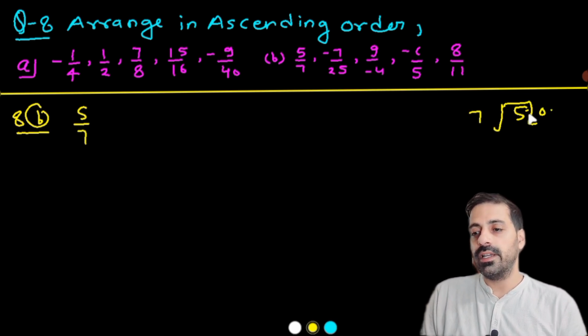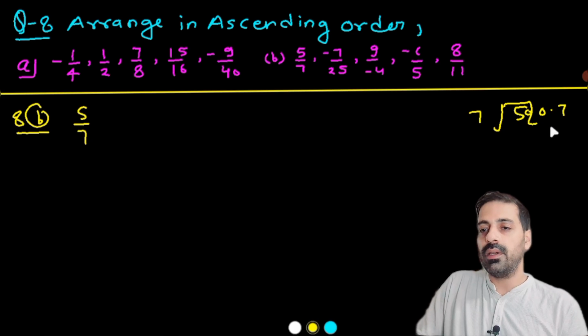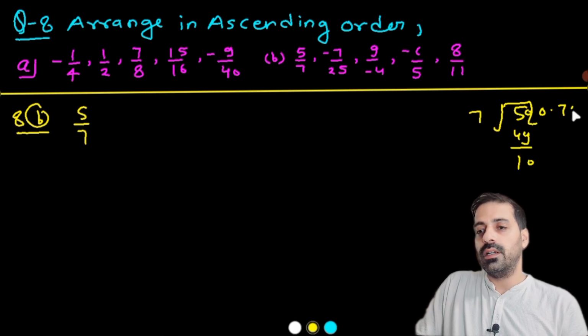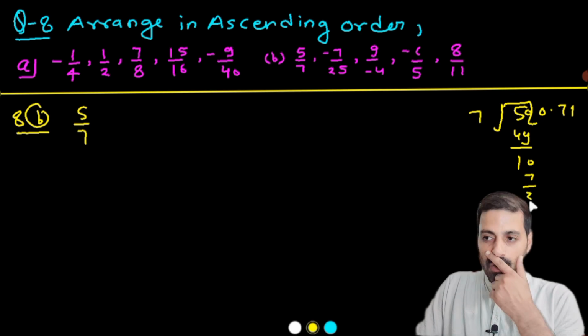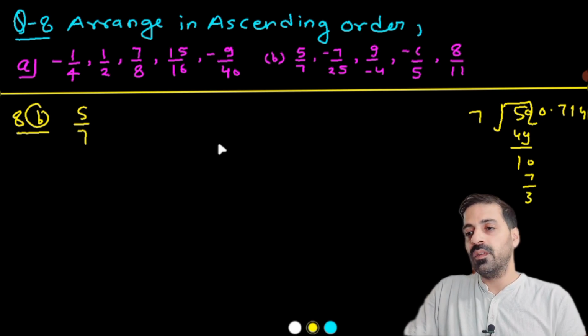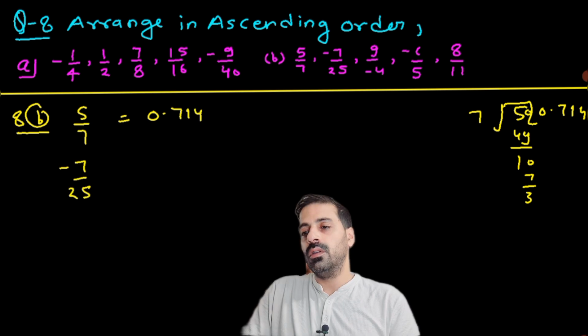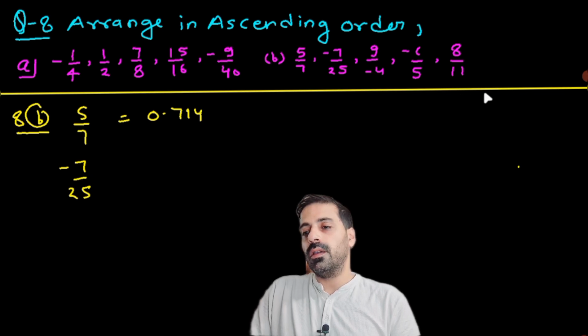Now move to the second part of this question. In the same manner we will solve the B part, that is 5 upon 7. Divide 5 by 7: apply the point and 0 here. 7 times 49, 1 time, again 3, then 4 times.